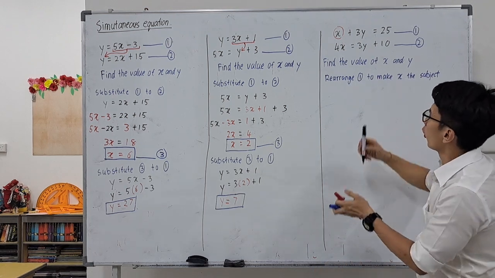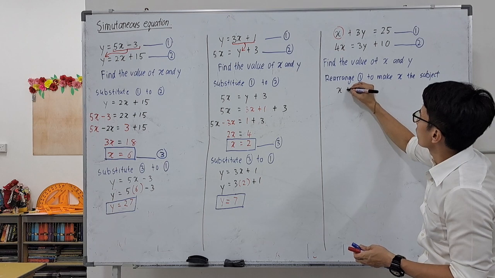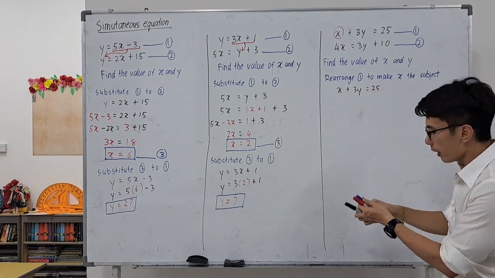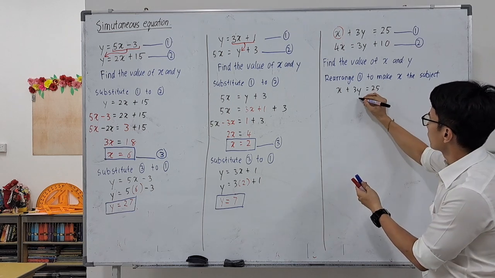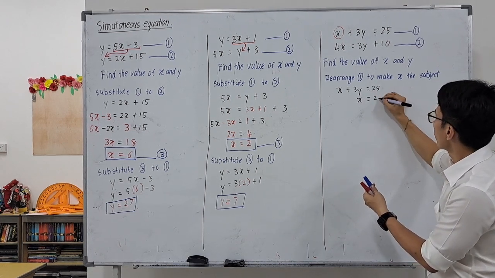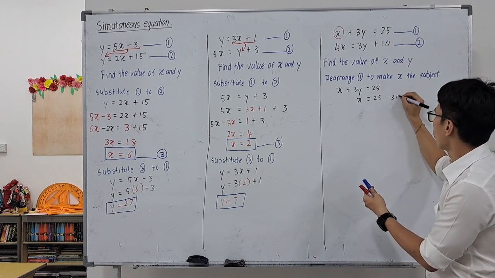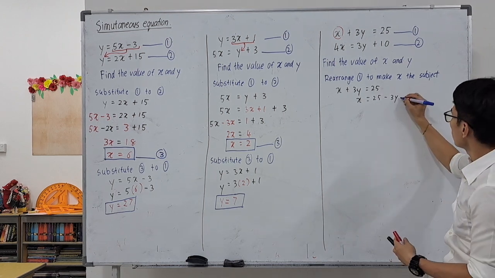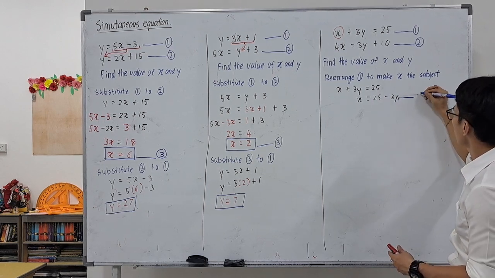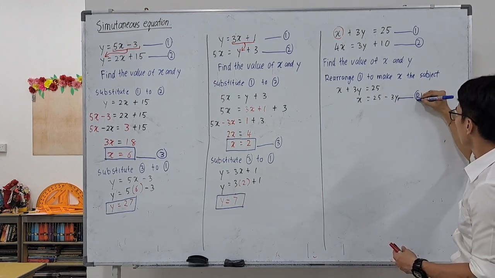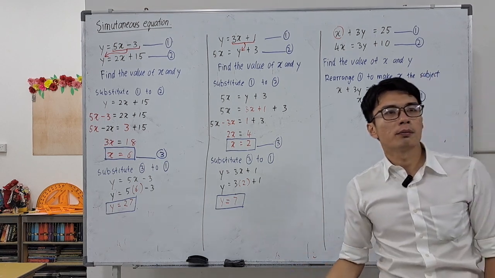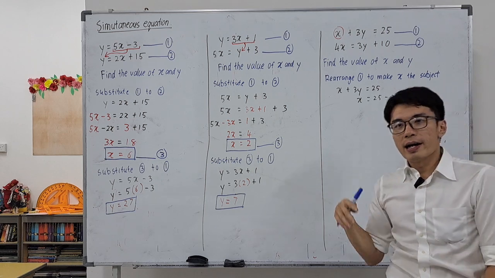My equation 1 originally looks like this: x plus 3y equals 25. If I want to make x the subject, x is going to be here, and that equals 25 minus 3y. Now, I will call this equation R1. Why do I call it R1? Because I have rearranged equation 1. That is how I like to write it.